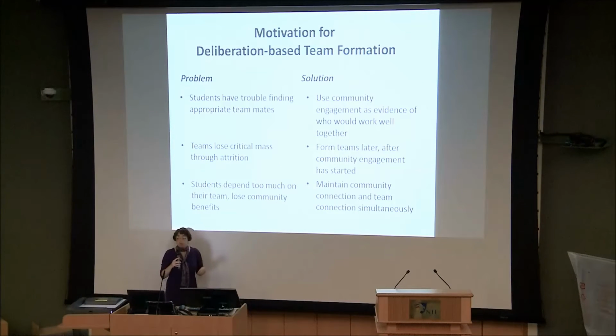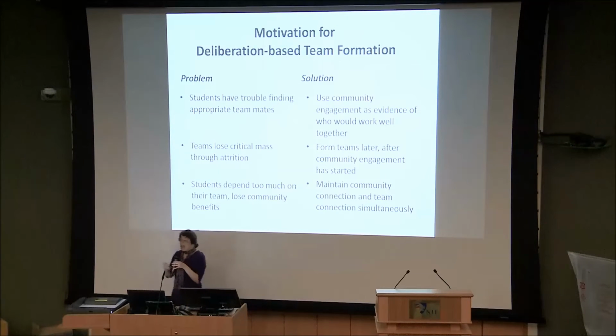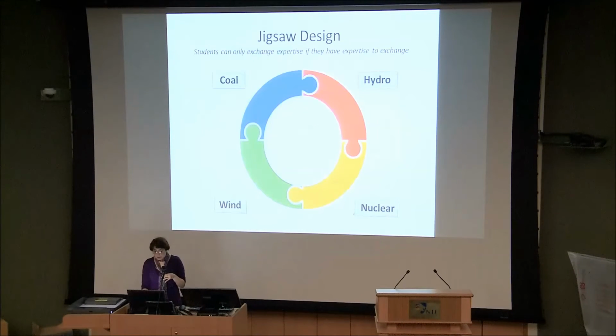Also, we found that students, once they got into their teams, lost contact with the community that could offer them some more support that might not be available within their small group. And to start out with some whole class engagement would foster those connections with the community that would then support the smaller teams and still be there for them.